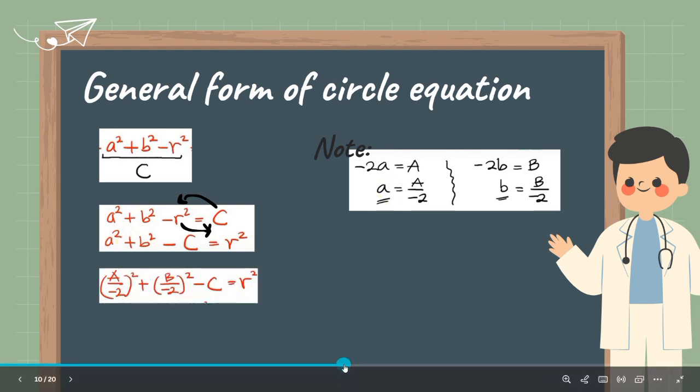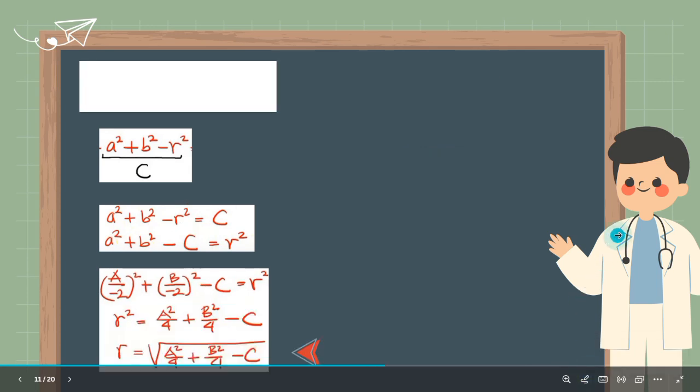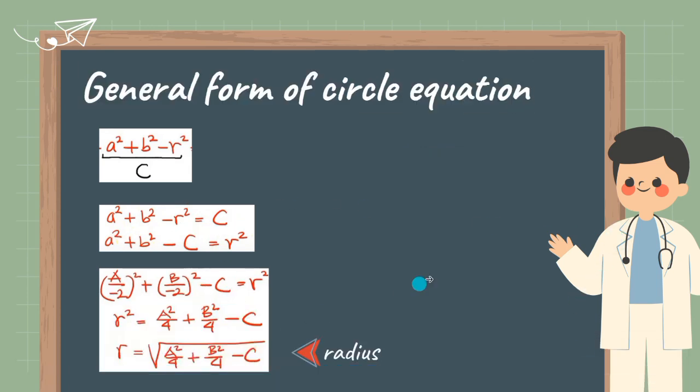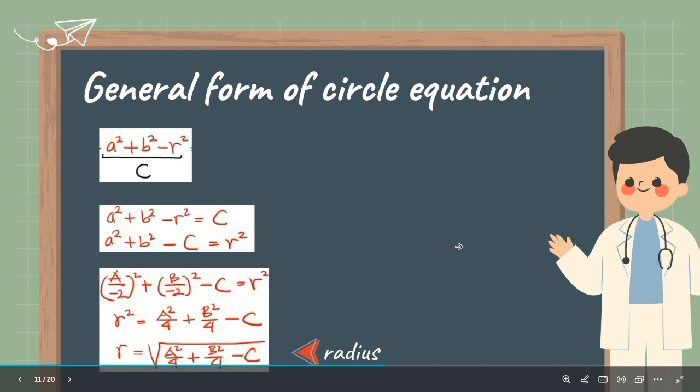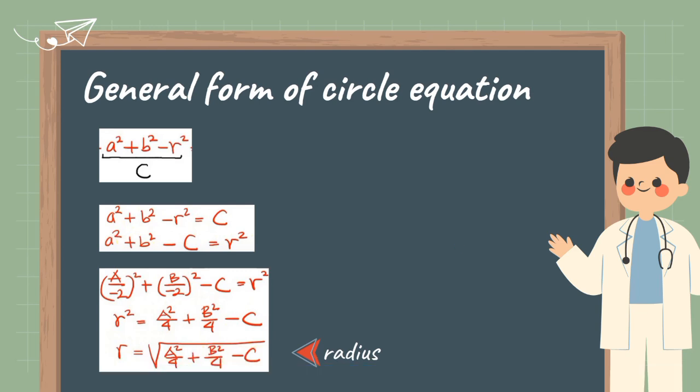We replace the variables with those values so that it becomes (A over minus 2) all square plus (B over minus 2) all square minus C is equal to r square. And finally, we just take the root and can get the value of r, which is the root of A square over 4 plus B square over 4 minus C.